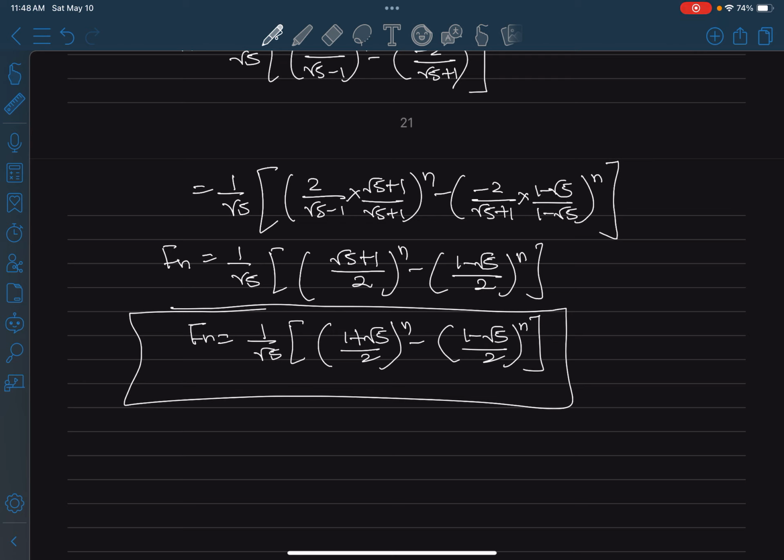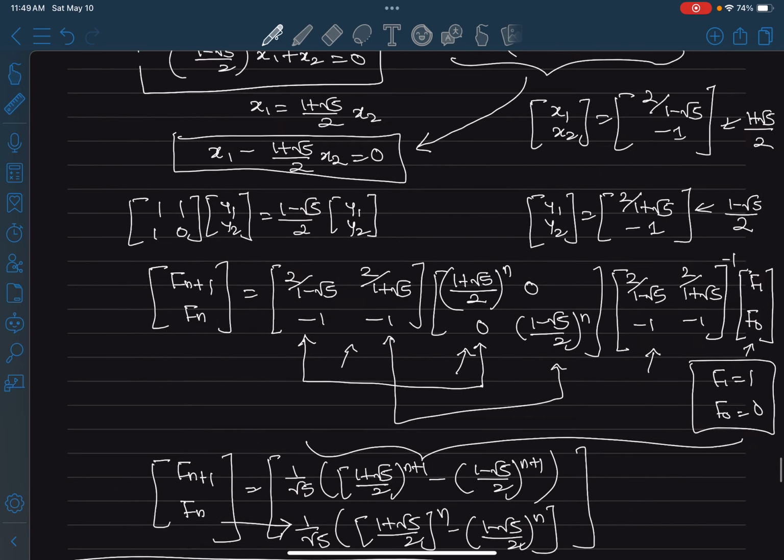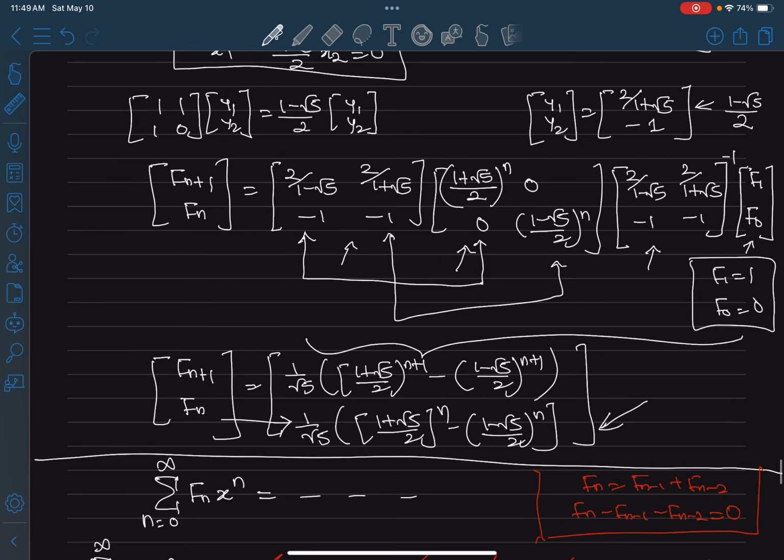So in this video, we not only found the generating function, but the fact that I can go using just some series, trying to find some generating function and then comparing coefficients, even by a completely different approach, we are getting the same formula. Even by matrix, we are getting the same formula.